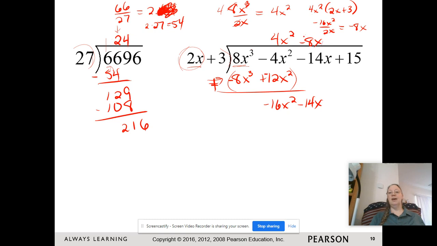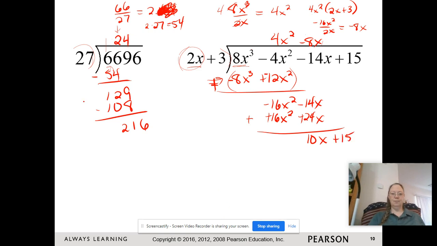So negative 8x times 2x, and then negative 8x times 3. And now we're going to subtract, but we don't subtract. We change the signs. And we have 10x and bring down the 15.